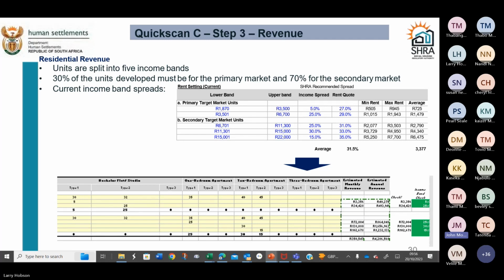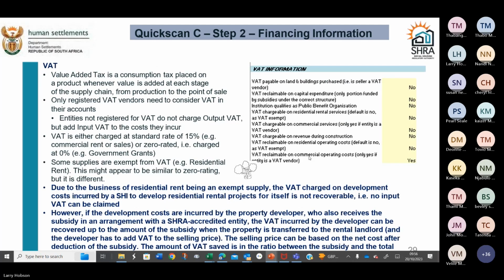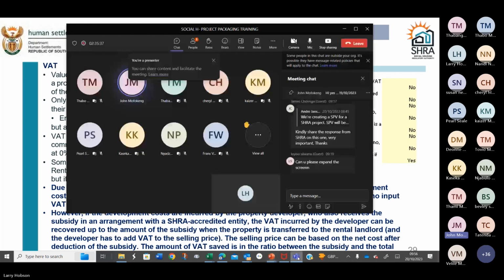I note the first hand that is up. Let's see if there are any more. Going once, going twice. Okay, let's take you, Nonhlanhla. If you just unmute yourself, your mic has been enabled.